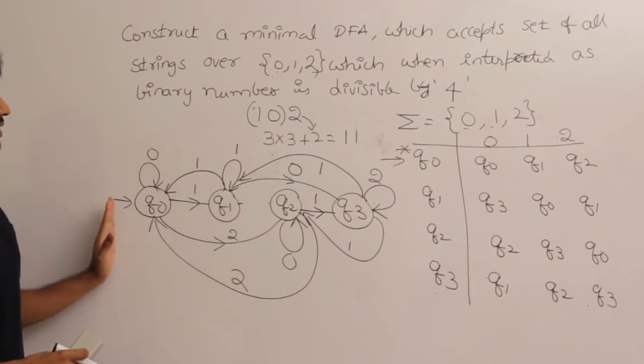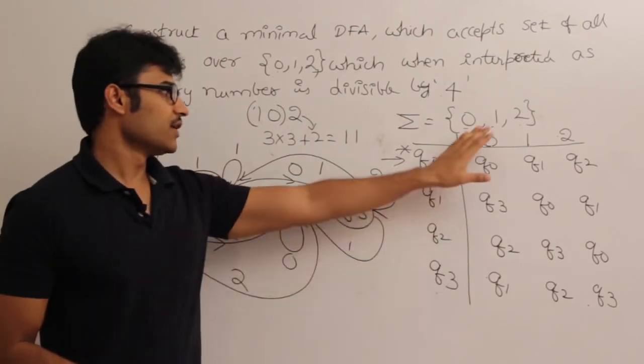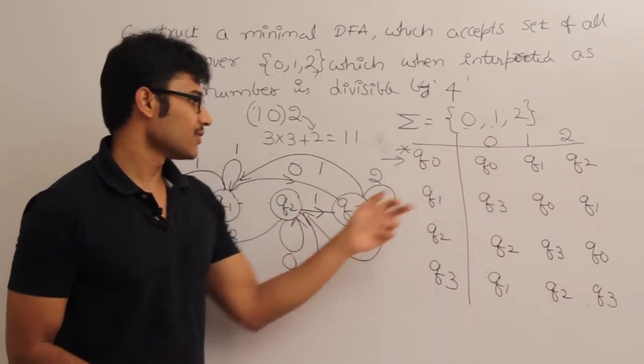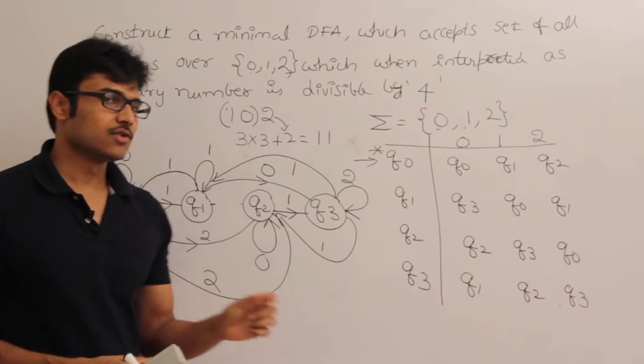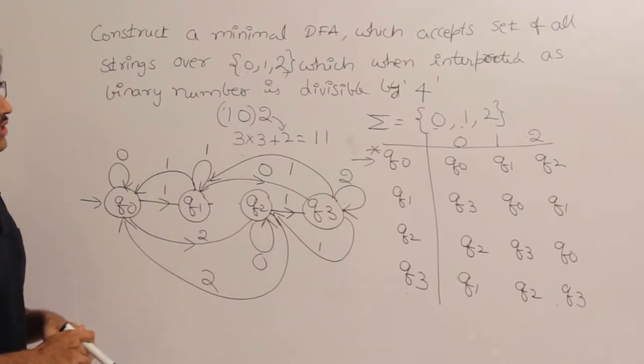So if you look at this, this method actually works. Writing down all these states without drawing the actual diagram actually works. So you can use this method. So this question can be extended to any level.